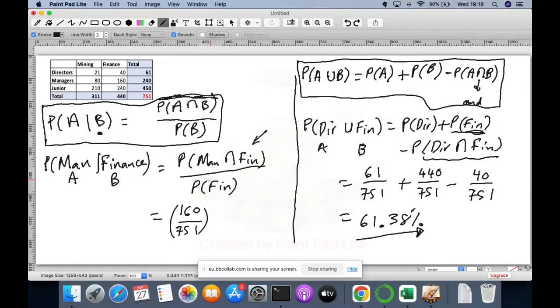The denominator is the probability of being in the finance sector. How many people do you have in the finance sector? There's 440 of them, divided by the grand total, 751. If you work this out, you'll get an answer of 36.4%.